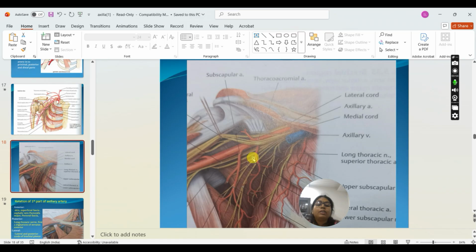How many branches are running downwards? 1, 2, 3. Three branches are running downwards, and you are seeing 1, 2, 3. Three branches are running upward. So 3 plus 3, 6 branches.